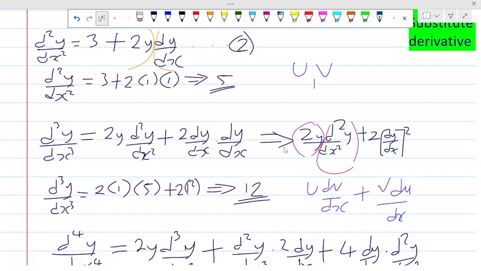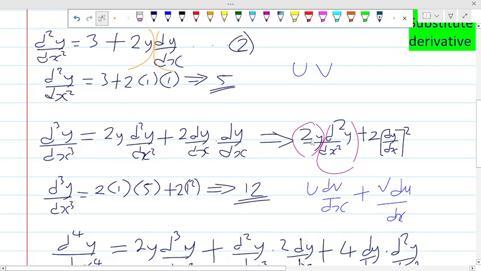Okay, so with that being said, the next thing is we simplify it. This is 2y d squared y over dx squared, which is what we have here. And for this, multiplying this, of course it will be (dy/dx) all squared. So all we have to do now is put in the values.